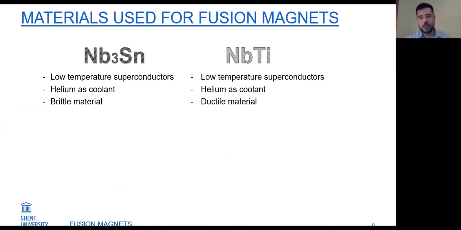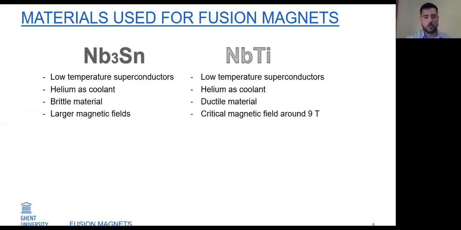The difference is that niobium tin is a brittle material, so it is very difficult to manufacture and process. On the other hand, niobium titanium is a very ductile material and very easy to manufacture. But we need the niobium tin because it has larger magnetic fields, while the niobium titanium has a limit of 9 Teslas.